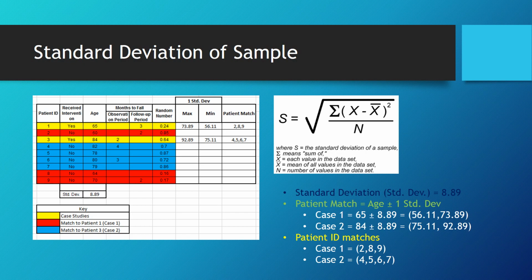For case 2, the same thing, but in this case, the age is 84, so you do plus or minus 8.89, and that would be a minimum of 75.11 and a maximum of 92.89.